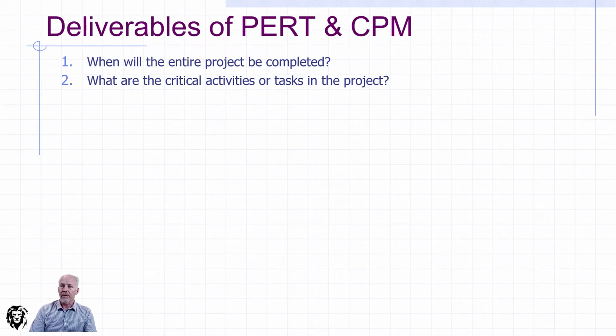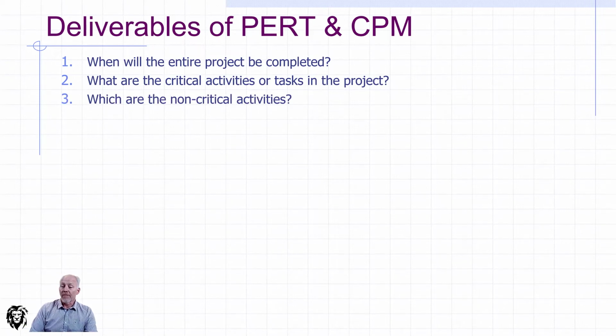And we'll need to know what those critical activities are, activities on the critical path, in order to shift our priorities when it comes to resource allocations and everything else, to make sure that we are optimizing our plan. And part of optimizing that plan is knowing which activities are critical to our completion time.